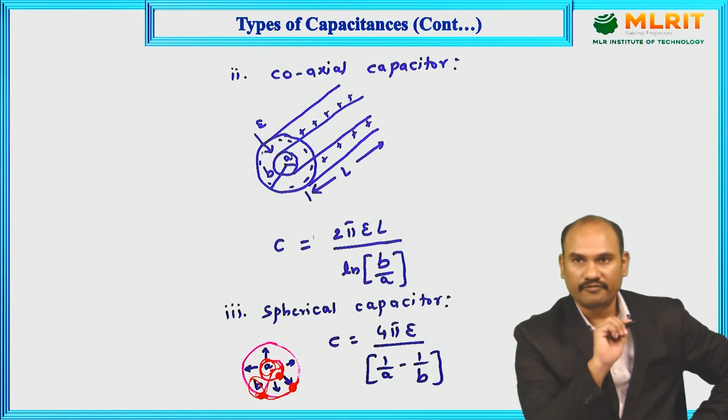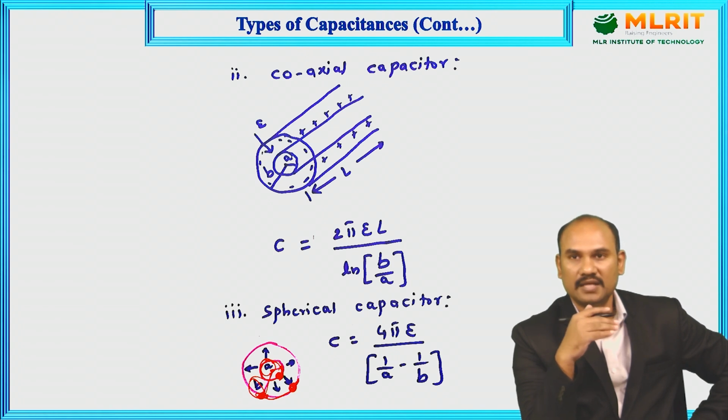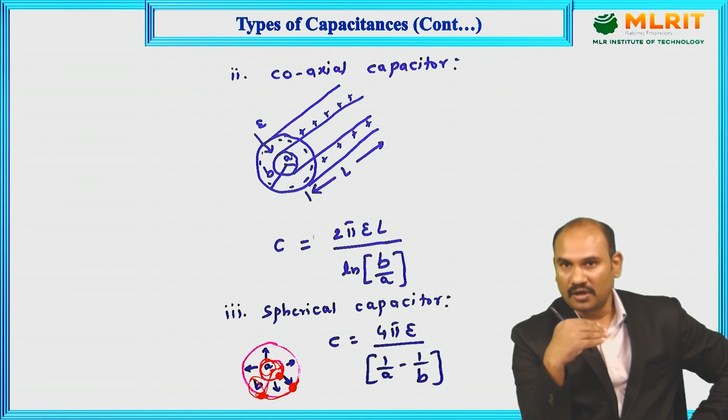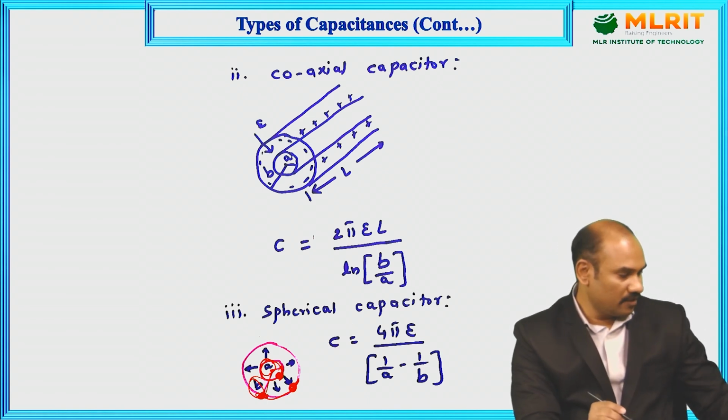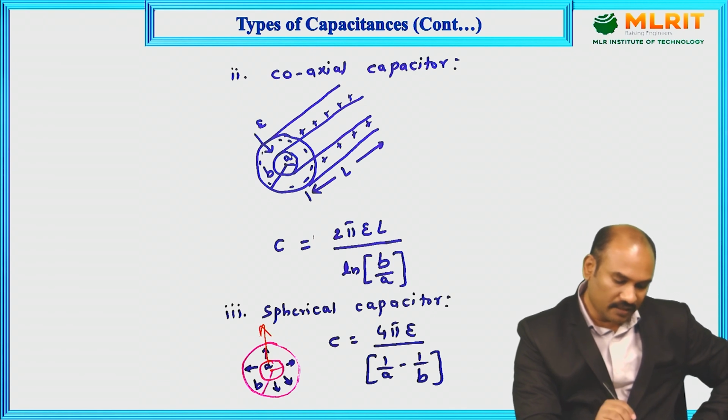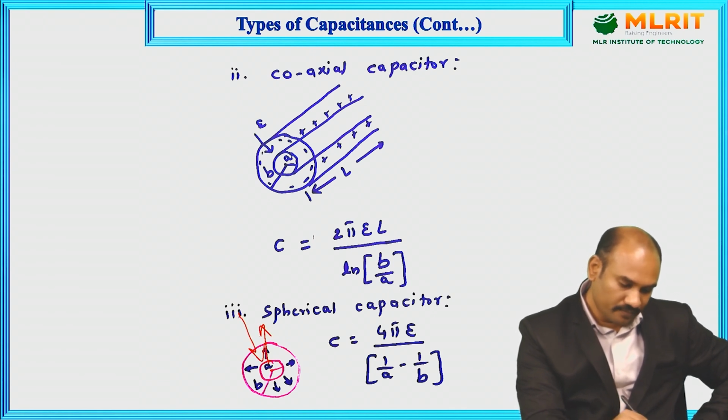In the definition of electric potential, what is the definition? Electric potential is defined as the amount of electric work done in moving a unit electric charge from one point to another point against the electric field. Against means, if you observe carefully here, this is the direction of electric field, so against means this way, going in.